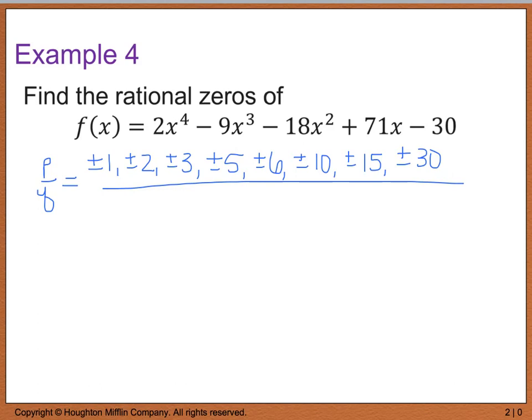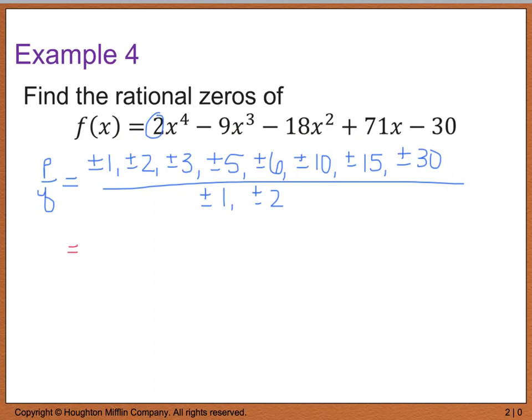Then we're going to divide it by our factors of our leading coefficient, which in this case is 2. So that's going to give us plus or minus 1 and plus or minus 2. So now if I go through and I actually list out all the possible rational zeros, I'm going to take every term up here divided by 1 and then do the same thing where I take every term again and divide it by 2. That's going to give me the total list of possibilities.